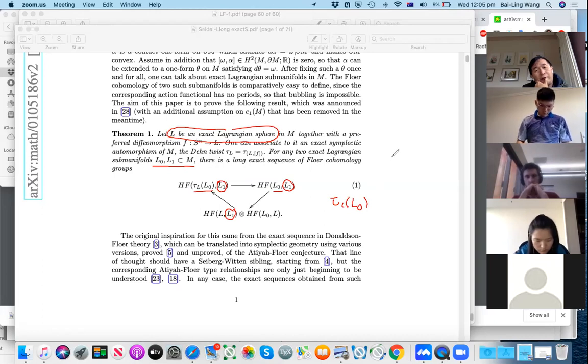I think it's tau, and then this will be L0, and then the Hom from L0 to L1, and so this will be a vector space.